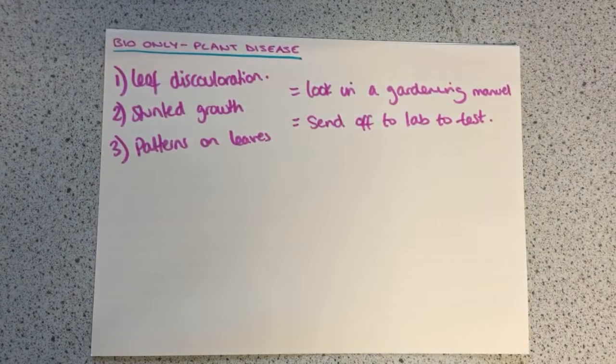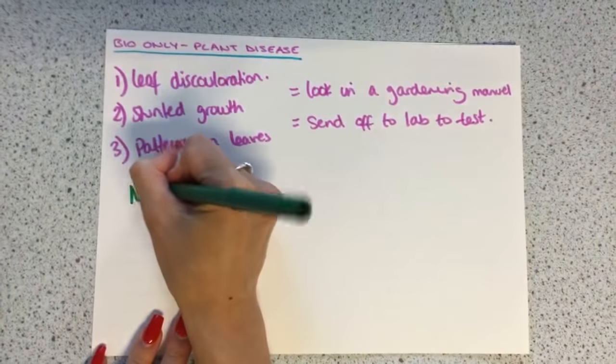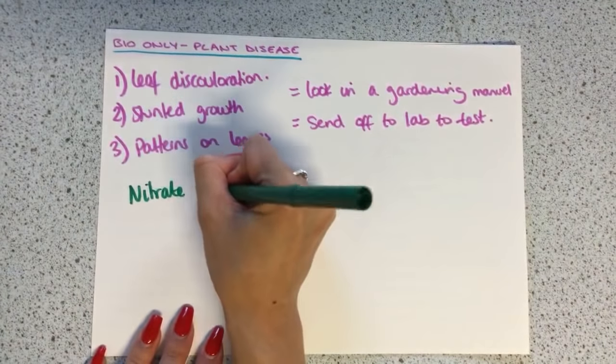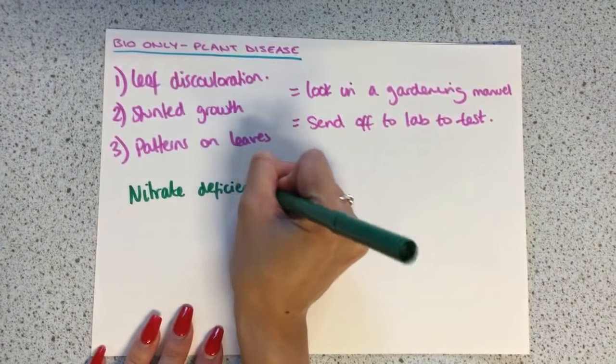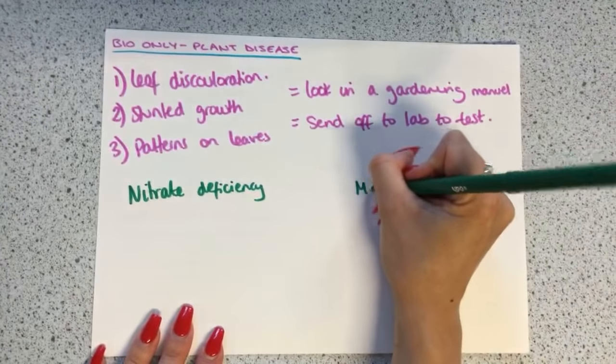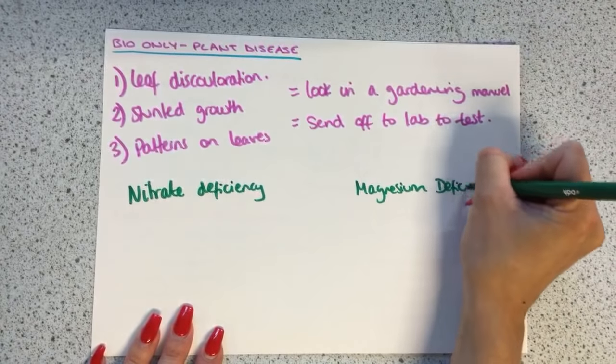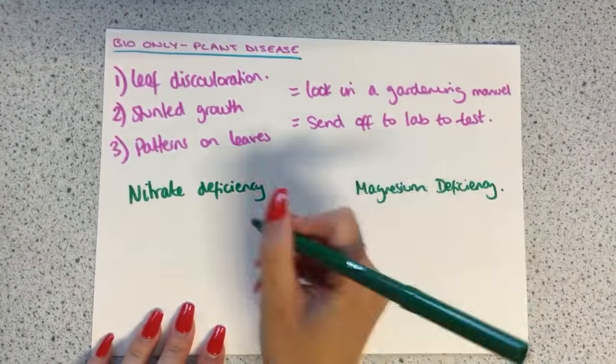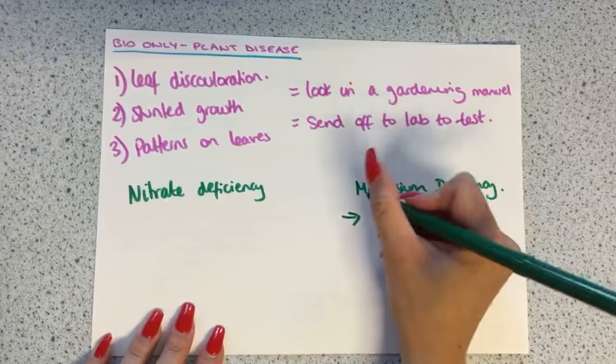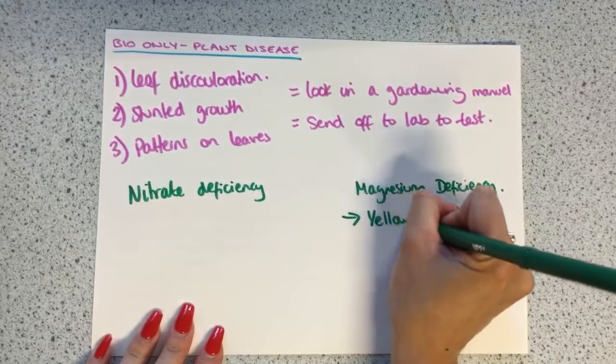Okay, so next thing I'm going to talk about is nutrient deficiencies. There's two that you learnt about. We've got nitrate deficiency and magnesium deficiency. So magnesium deficiency produces yellow leaves.